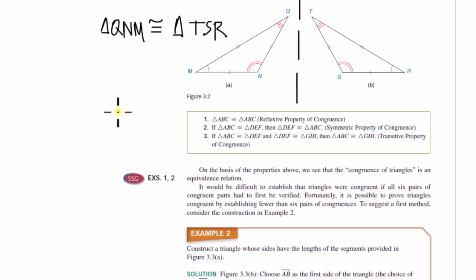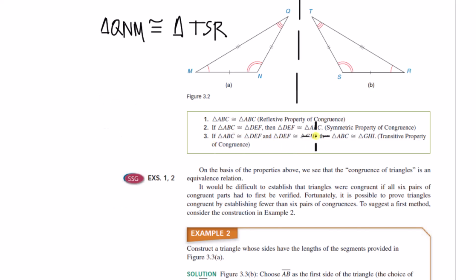What they're talking about here, if you remember from chapter 1, is that this might seem trivial, but equality has the reflexive property. 5 is equal to 5, right? The same number is equal to the same number. But greater than doesn't have this property. 5 is not greater than 5, right? But congruence has this reflexive property.